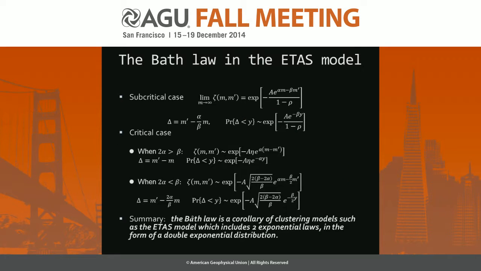Here is a summary of the Båth law and the ETAS model. The original Båth law only holds for the critical case when alpha is big enough. Otherwise, the Vere-Jones formula is correct. All of those forms are functions of a double exponential distribution.